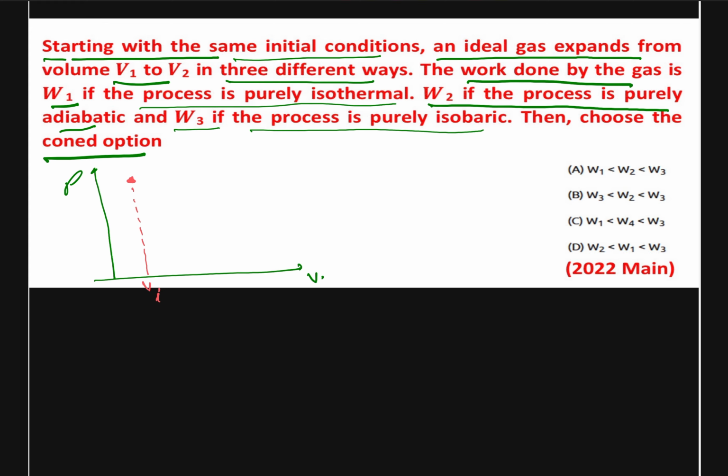So first process is isobaric, so this will be an isobaric process, and here isochoric is not mentioned, but we can just draw that also. So this will be our isochoric.